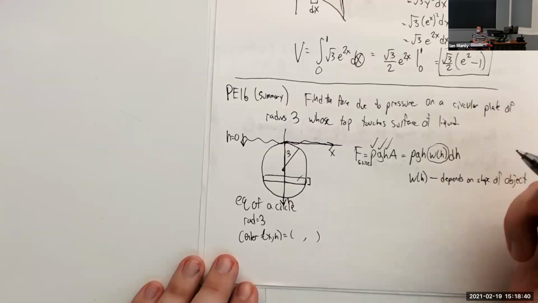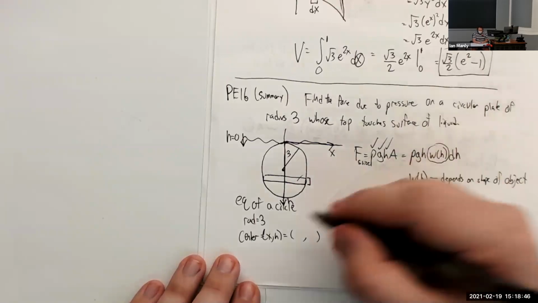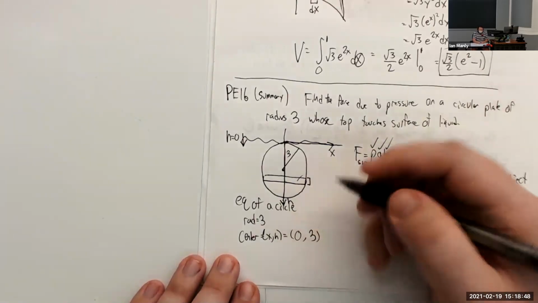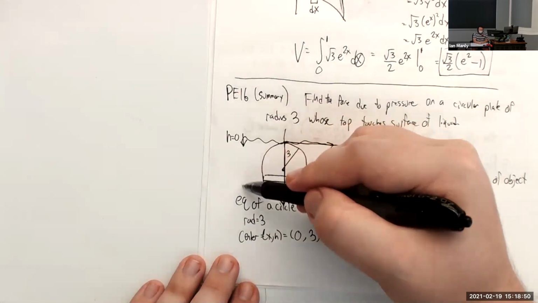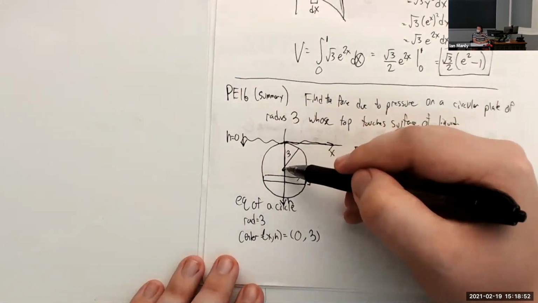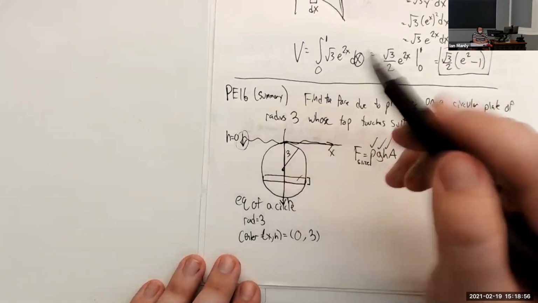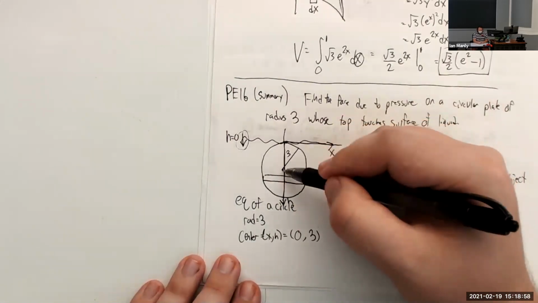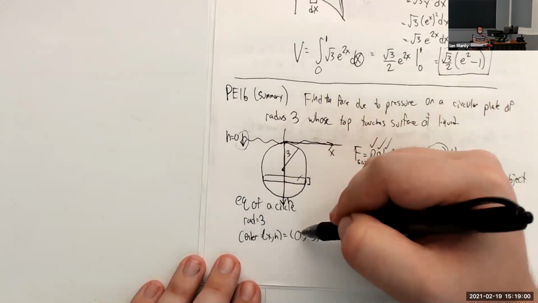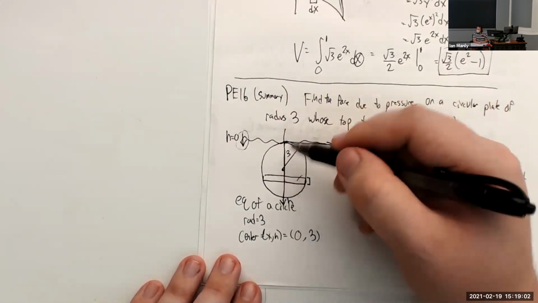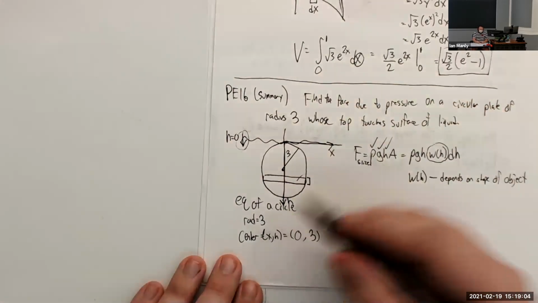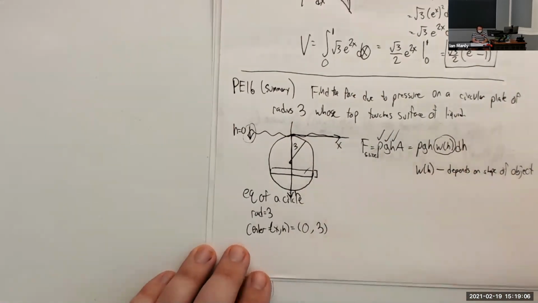You guys see what it's going to be here? 0, 3 is right. So remember, h increases downwards. So this is actually going to be positive 3 right here. When we go downwards, remember, we set h to be the depth. So it's going to have a depth of 3 and then a horizontal distance of 0 because we just put the axis right here. All right, so we have a circle of radius 3 and center this.